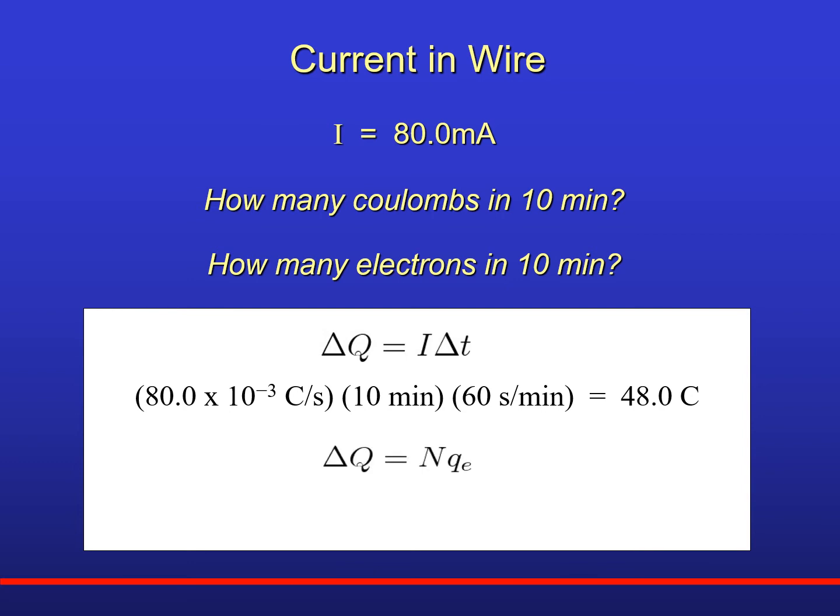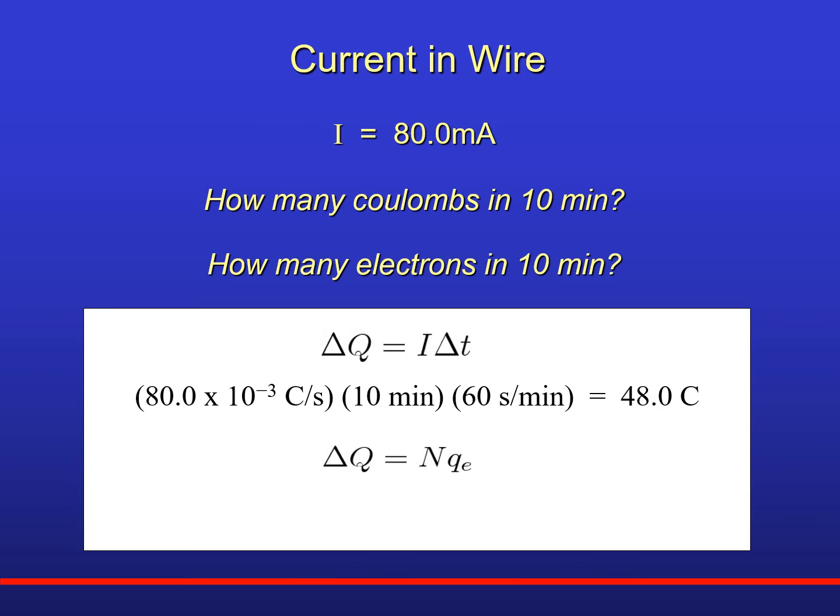So we say this increment of charge, delta Q, equals some number n times elementary charge, Q sub e. Now the electron is negative. We're taking Q sub e as a positive number because we're pretending the current was made up of positive particles.